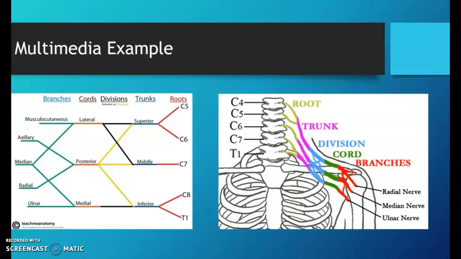So again, you have a very basic diagram on the left, and then on the right, if a learner would like to know how it relates to a person's body, the picture on the right would be a good representation of that.